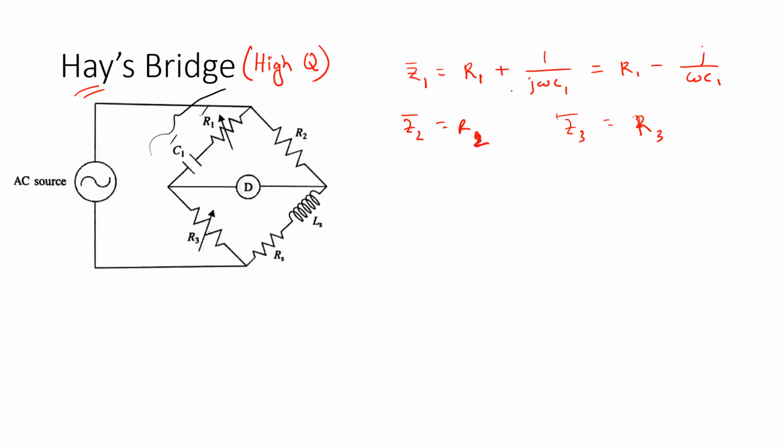And for Z1, here now it is a simple series combination of the resistance and the capacitor. As they are already connected in series, we are not going to convert it into the equivalent admittance, because we can easily simplify the balance condition with this format. And for Z4, we have RS plus j omega LS.